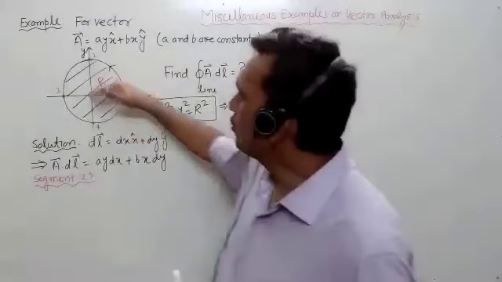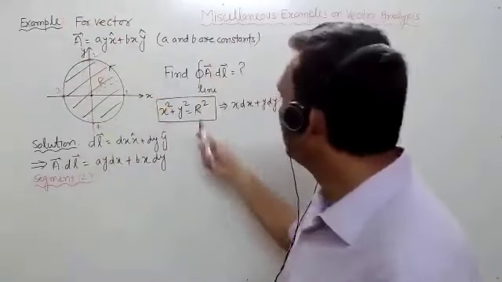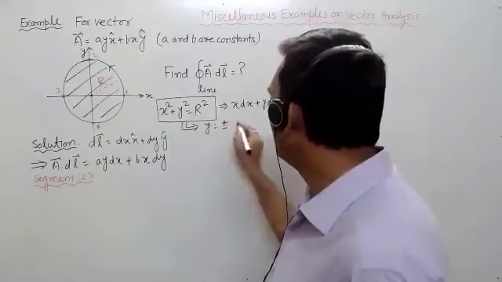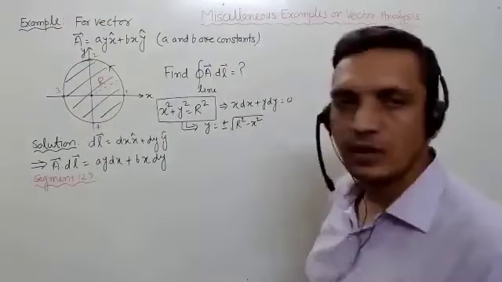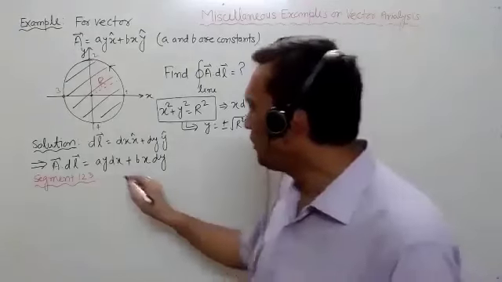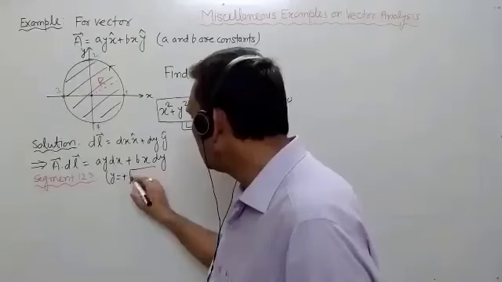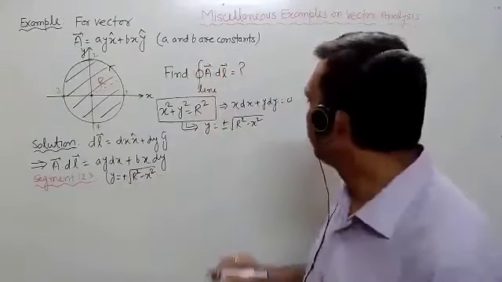I have taken these two segments because in the upper half y is positive, in the lower half y is negative. So according to this relation, y has two values, plus minus under root r square minus x square. For the upper half y is positive, so take y as plus under root r square minus x square.